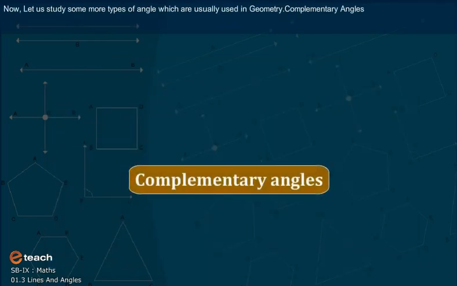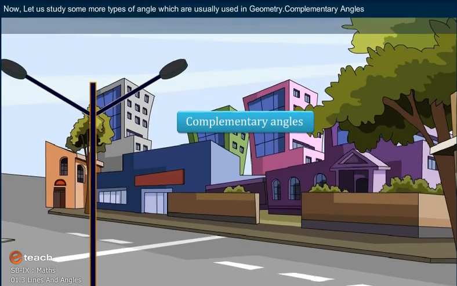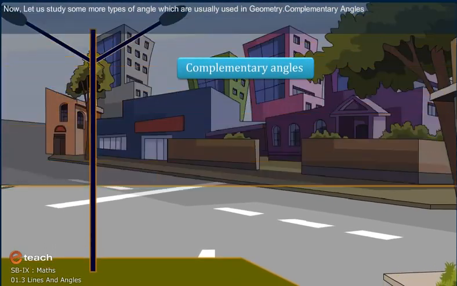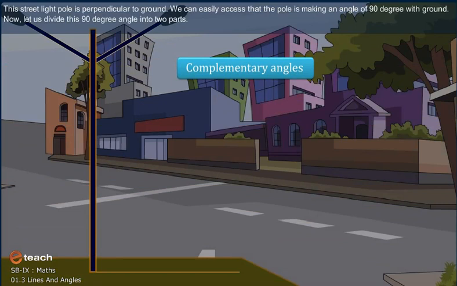Now let us study some more types of angles which are usually used in geometry. Complementary angles. This street light pole is perpendicular to the ground. We can easily see that the pole is making an angle of 90 degrees with the ground. Now, let us divide this 90 degree angle into two parts.